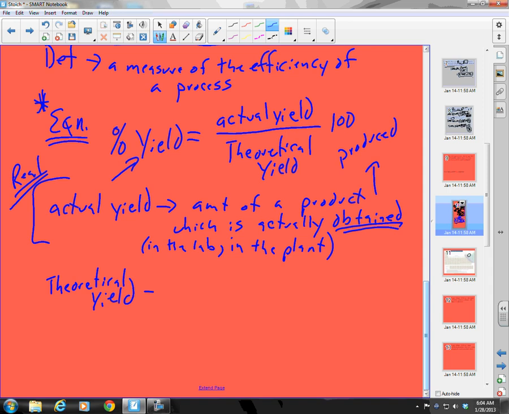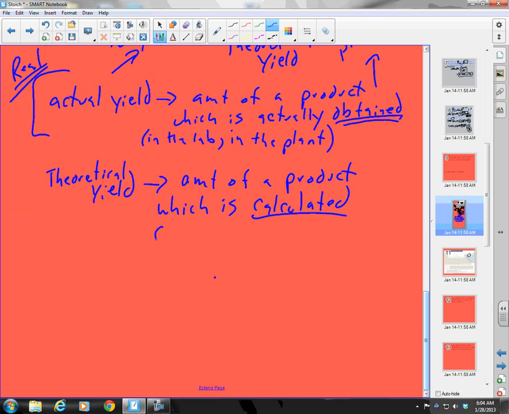Good. What's my theoretical yield? Well, my theoretical yield is the amount of a product which is calculated from the limiting reagent, a reactant, using mole ratio.